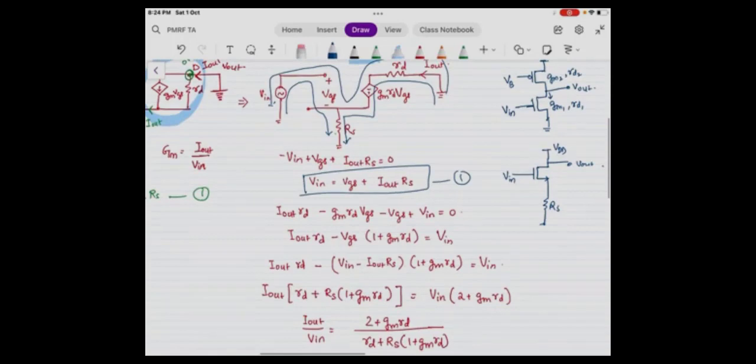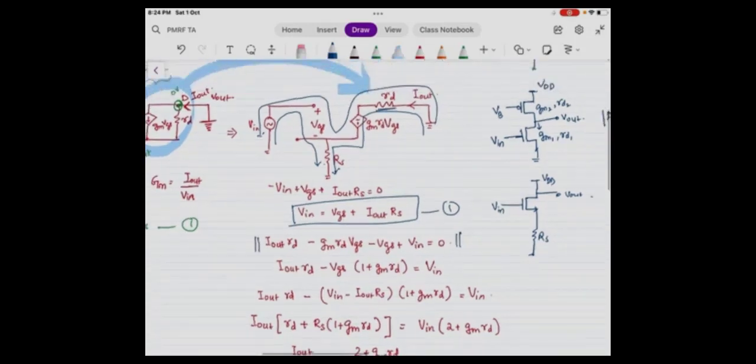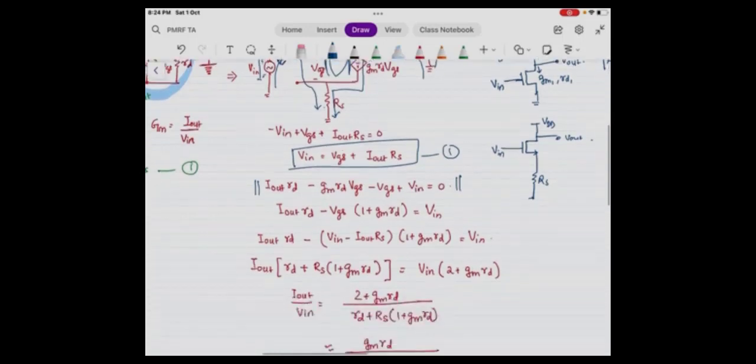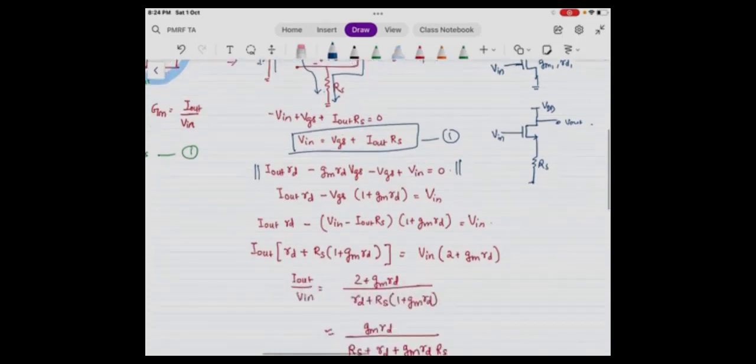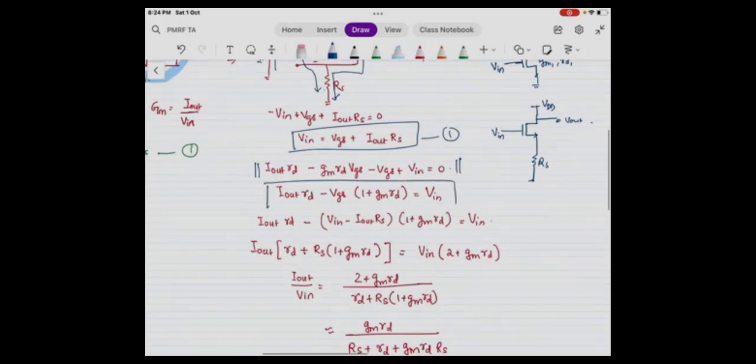I have followed this upper path and I have written this equation: I out RD minus GM RD VGS. So I out RD, this potential difference, minus GM RD VGS minus VGS plus V in equals 0. After that I arrive at this equation: I out RD minus VGS (1 plus GM RD) equals V in.